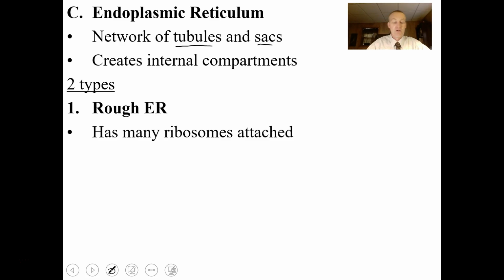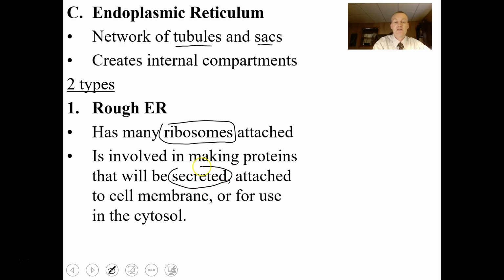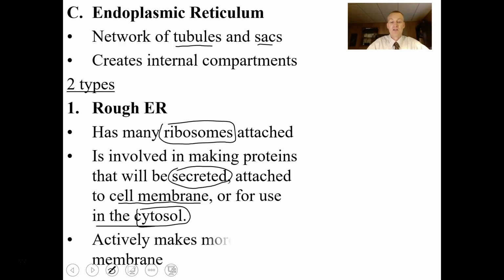The rough endoplasmic reticulum has many ribosomes attached to its membrane. Now you know that ribosomes are little protein factories. They're going to make proteins based on the messenger RNA message coming from the DNA. It's involved in making proteins that will be secreted, that is, taken to the outside of the cell and dumped out, attached to the membrane, or for use in the cytosol, for example, making proteins that will be put into lysosomes.